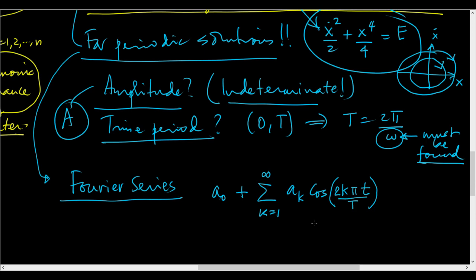Okay, why? This is the Fourier series. We will discuss this very soon. N equals 1 to infinity, b_k sine 2k pi t over capital T. What we have to note here is when this t goes from 0 to this capital T, this argument goes from 0 to 2k pi.